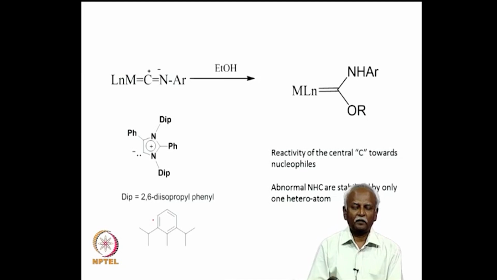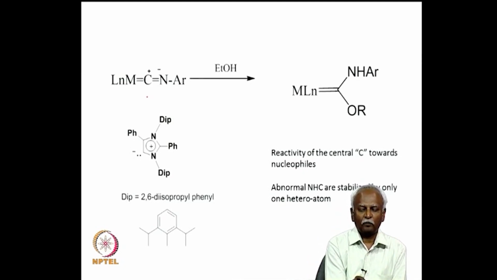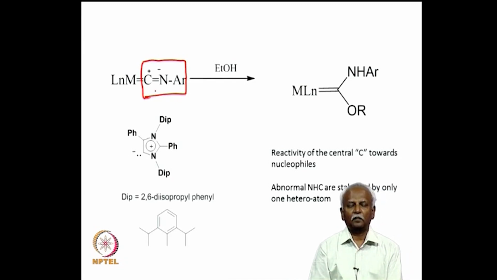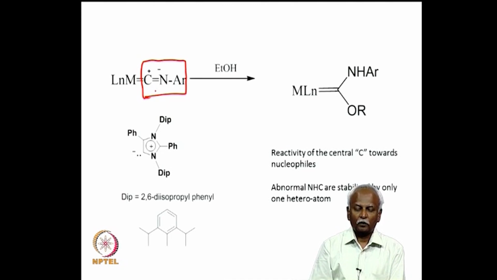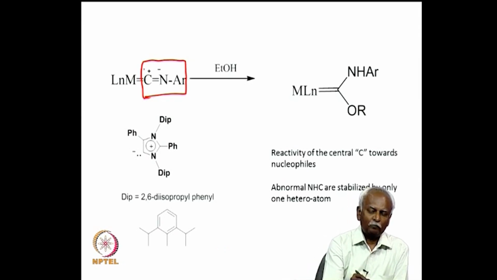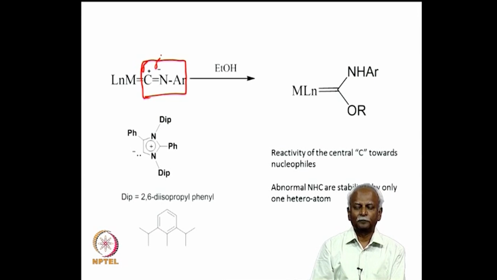If you take the metal isocyanide compound, this is a metal isocyanide complex, we noted that there is a resonance structure which can be written as M double bond C double bond N, and in this structure you have polarization of the carbon as delta plus and the nitrogen as delta minus because of the electronegativity differences.